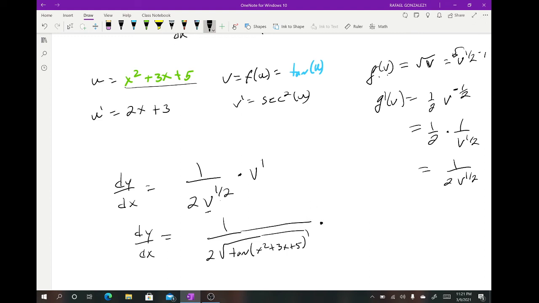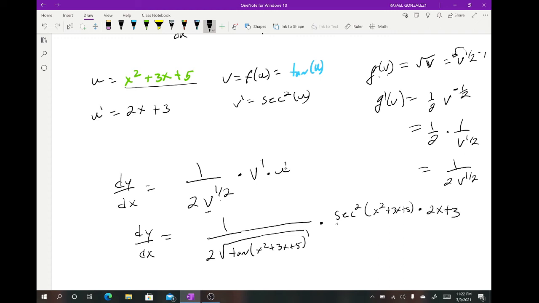times v prime, but v prime is secant squared of u, and again u is x squared plus 3x plus 5. Because we did the chain rule with this portion right here, we also have to multiply this piece by the derivative of u, which is u prime, which is 2x plus 3.